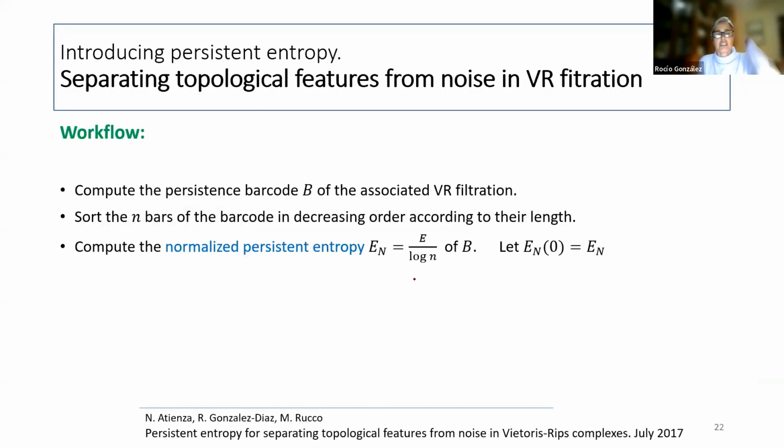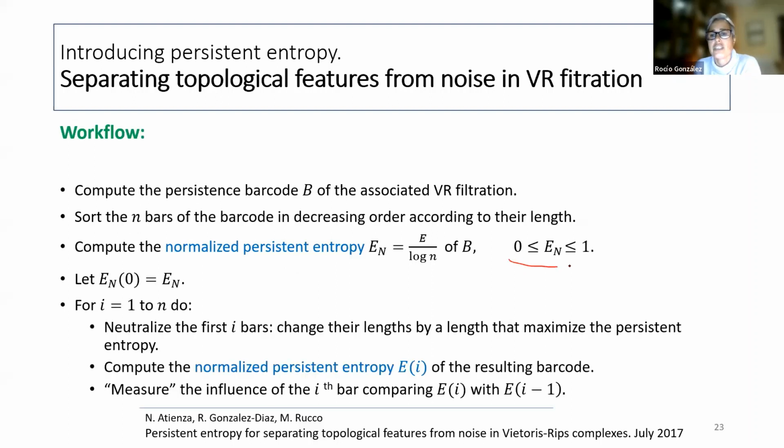The idea we had is that we compute the persistent barcode of the Vietoris-Rips filtration, and we sort the bars of the barcode in decreasing order. Then we compute the normalized persistent entropy, that is just the persistent entropy divided by the number of bars.